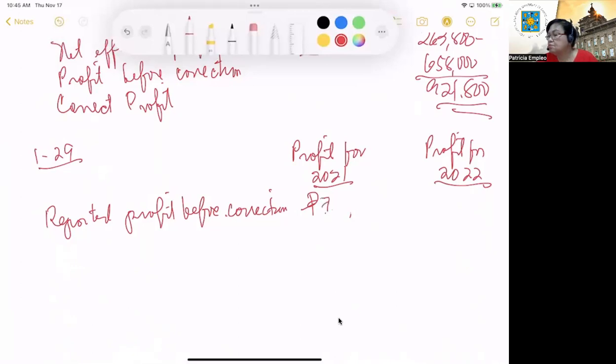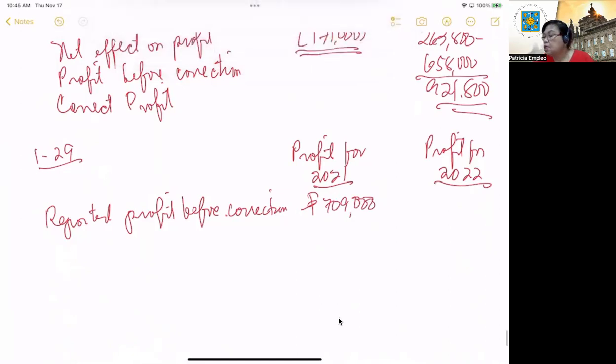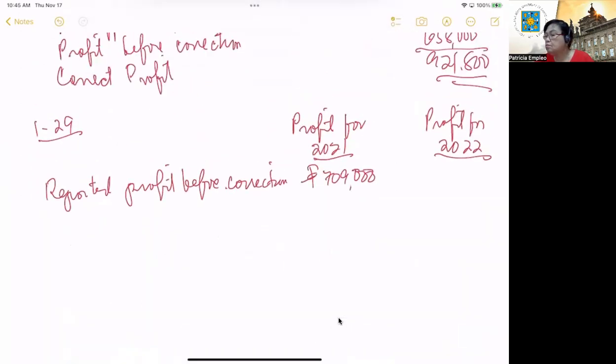So that is 709,400 for 2021 and 789,350 for 2022.